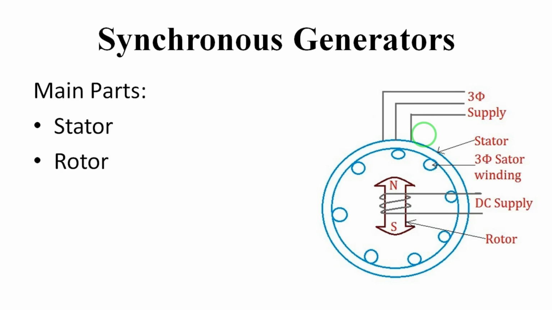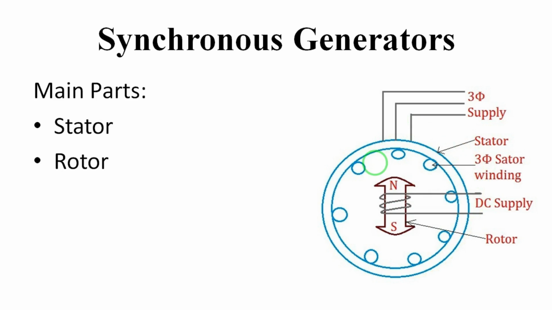So coming to the main parts, stator and rotor. The stator consists of slots and the core part. These circles are slots, and the armature windings are placed in these slots. The winding is constructed through the slots, and the remaining core part is built of thick laminated steel.